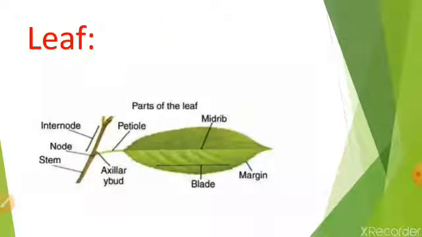Then the leaf is a green, flat, expanded structure. It consists of petiole, midrib, side veins, leaf base. It contains the green color pigment called chlorophyll. It has tiny openings called stomata.